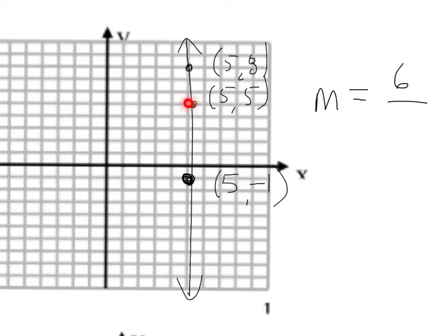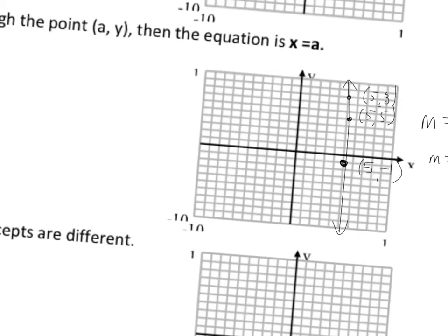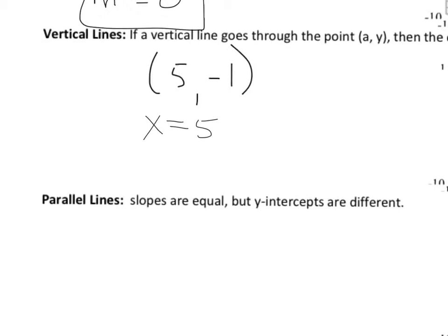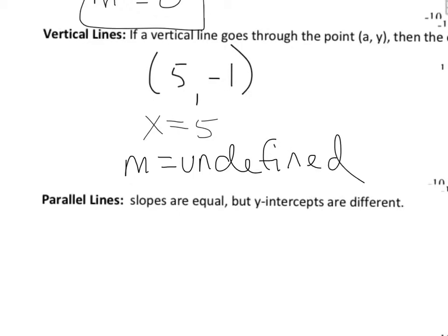If I go from here to here, I rise 6, but I do not run to the left or right at all in order to get to the coordinate. Therefore, the run is 0. 6 over 0, as we know, is undefined. Mathematically, the slope of a vertical line is always undefined. So if they give you information that the slope is undefined, we know we're talking about a vertical line.